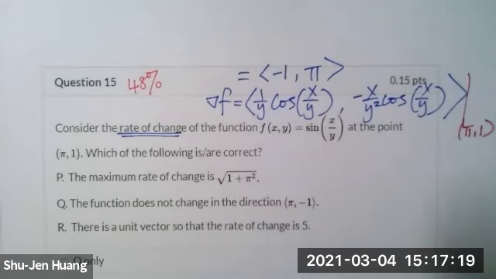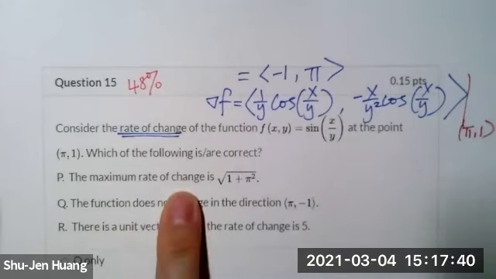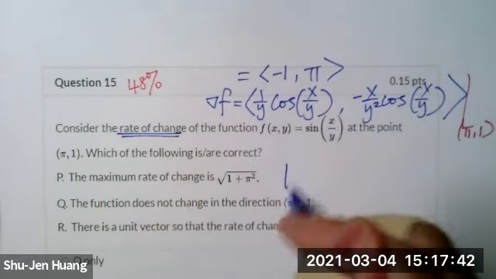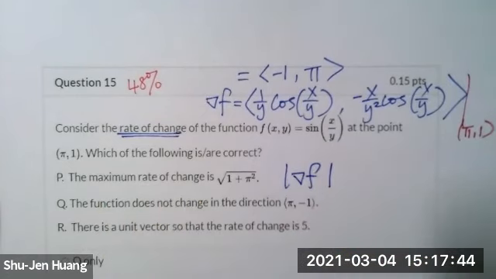Any questions so far? Let's look at the first one. It tells us the maximum rate of change is square root of 1 plus pi squared. What's the maximum rate of change? Earlier, we talked about the direction the function increases the most is in the direction of the gradient vector. And now the maximum rate of change is the magnitude of the gradient.